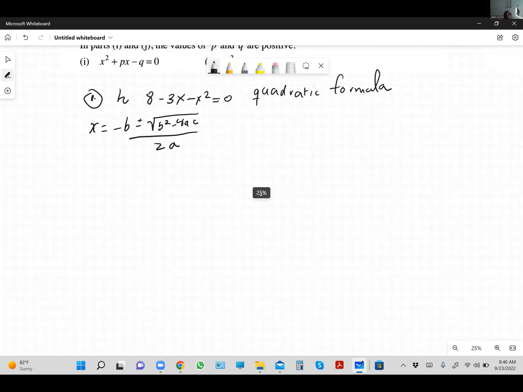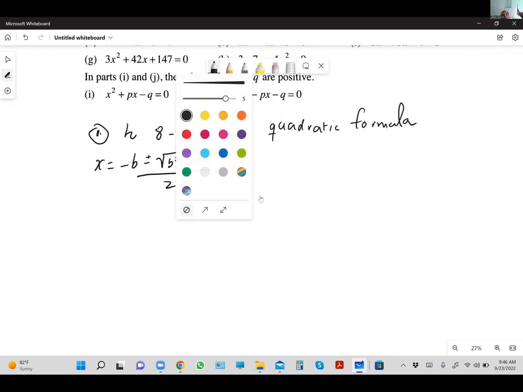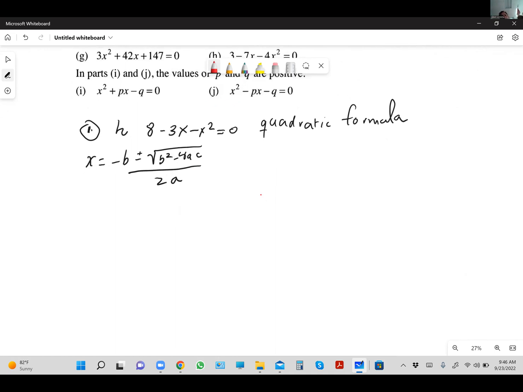Something I want to point out, and this is important for your notes, is this part here. We have a special name for it. We call it the discriminant. It discriminates the bad part of the quadratic, right?